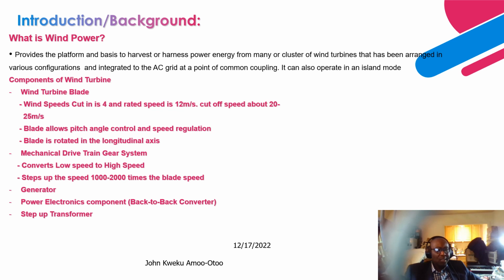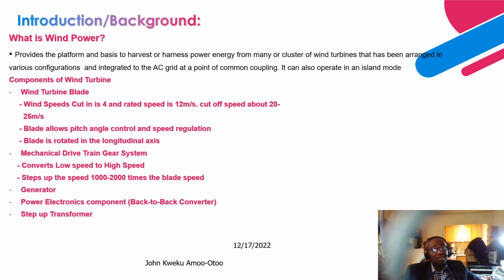Next is the power electronics component, which is formed in a back-to-back configuration. What does back-to-back mean? It means that you have a wind turbine that generates power in AC, which is converted from AC to DC by the front end converter, also called the machine side converter or the rotor side converter.